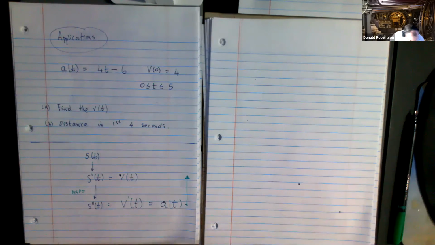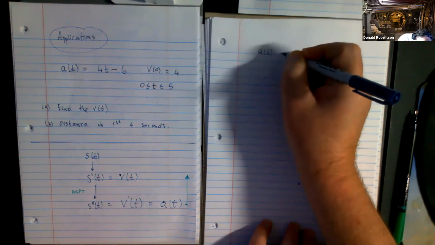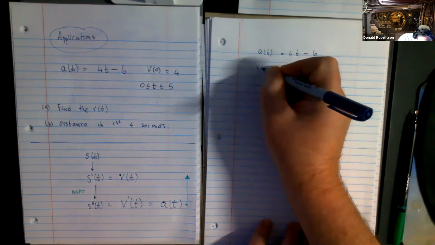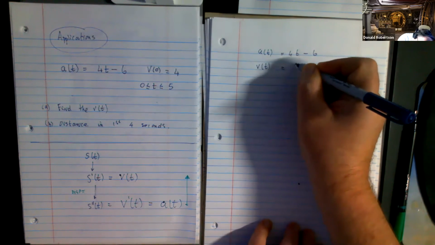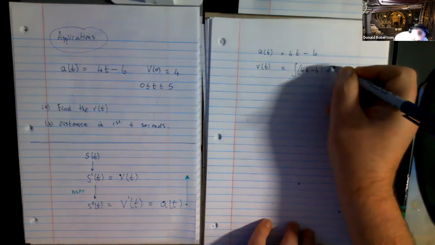Integration. It is. So back to my question then. How does that help me to do this question? Well, if I want to find the velocity function, don't I just do an indefinite integral? I integrate it.